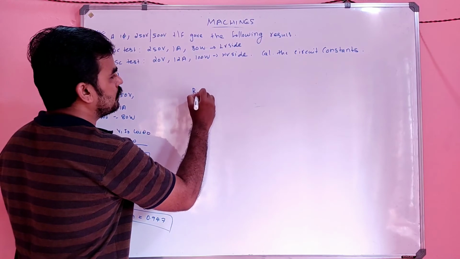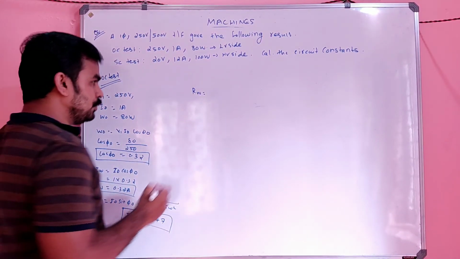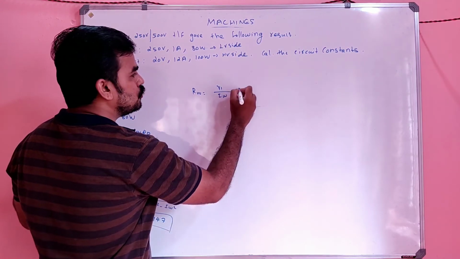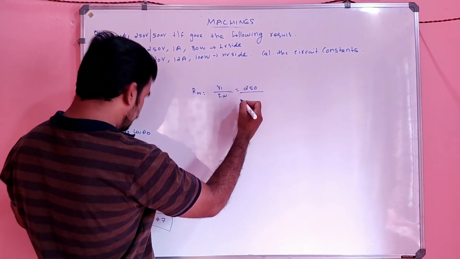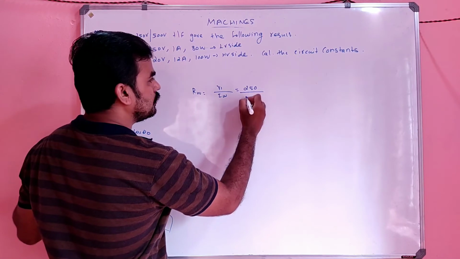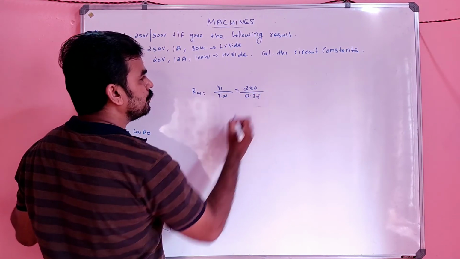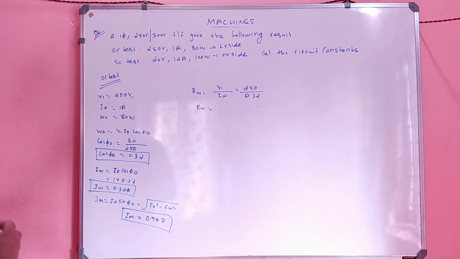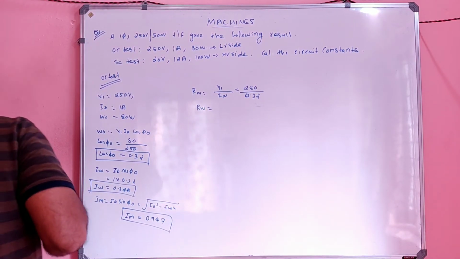The remaining parameter RW will be what? It is nothing but V1 divided by IW, correct? So V1 is given as 250 and IW is 0.32. So RW we will get 781 ohm.